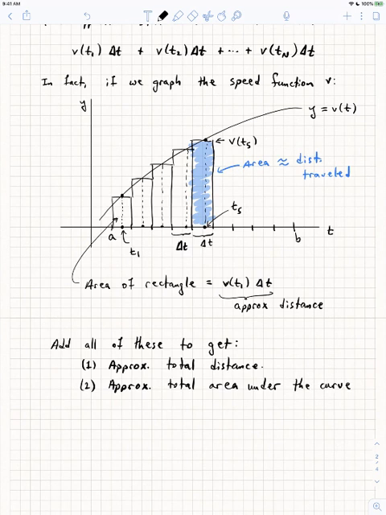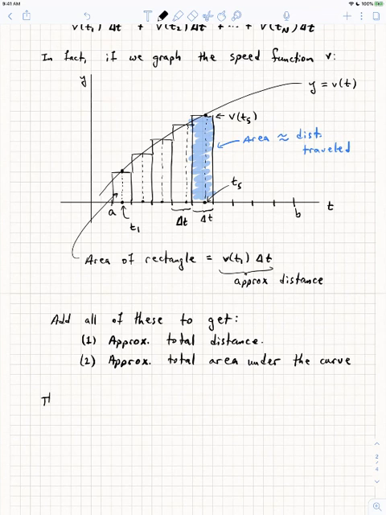So by doing these computations, we get approximately the total distance and approximately the total area under the curve. And indeed, these two things are the same. We can state that as a theorem.